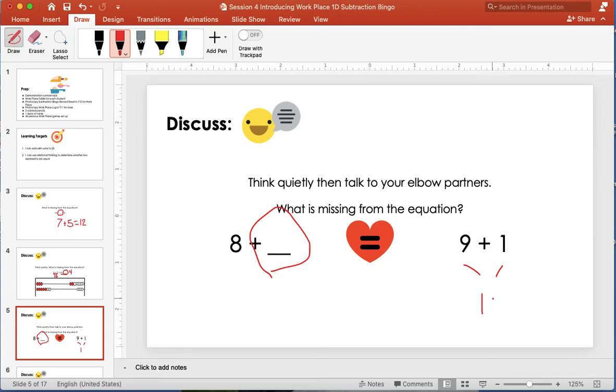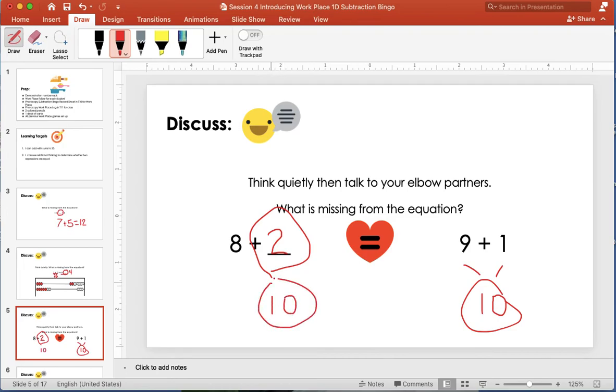We should all know what 9 plus 1 is: 10. So now I want to know 8 plus what equals 10? And that is 2. So 8 plus 2 equals 9 plus 1 because they both equal 10.